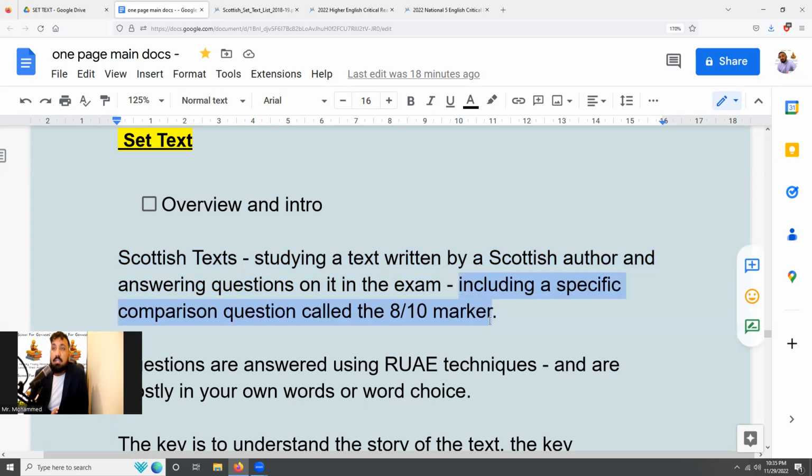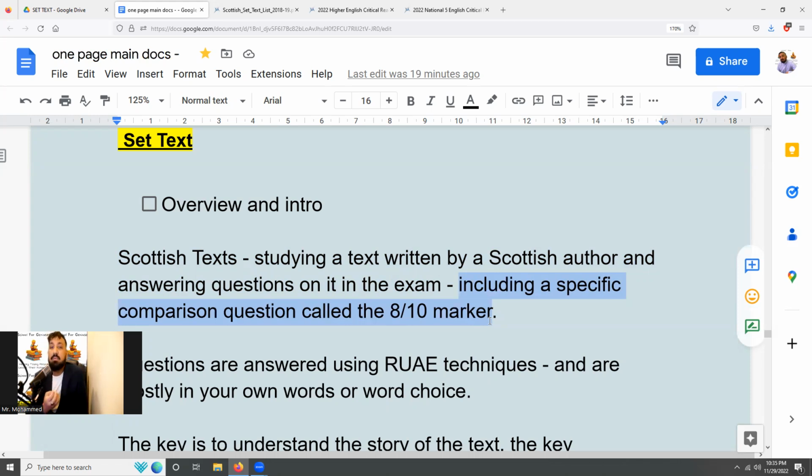So it's basically RUAE with a text that you've already studied. You spend time in class studying a text. It could be poems, and I'll show you the different examples of what it could be. Then you practice answering questions on that text.